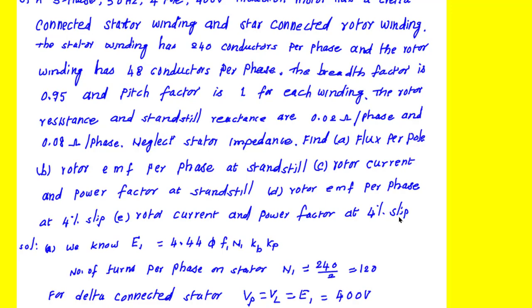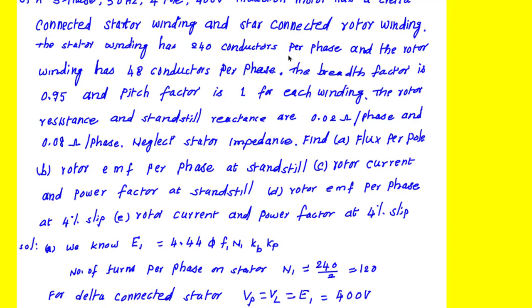Whatever formulas were discussed at the beginning are going to be used for these problems. If you look at this, the induced EMF equation has the number of turns in the formula, whereas here in the data they give the number of conductors, not the turns.